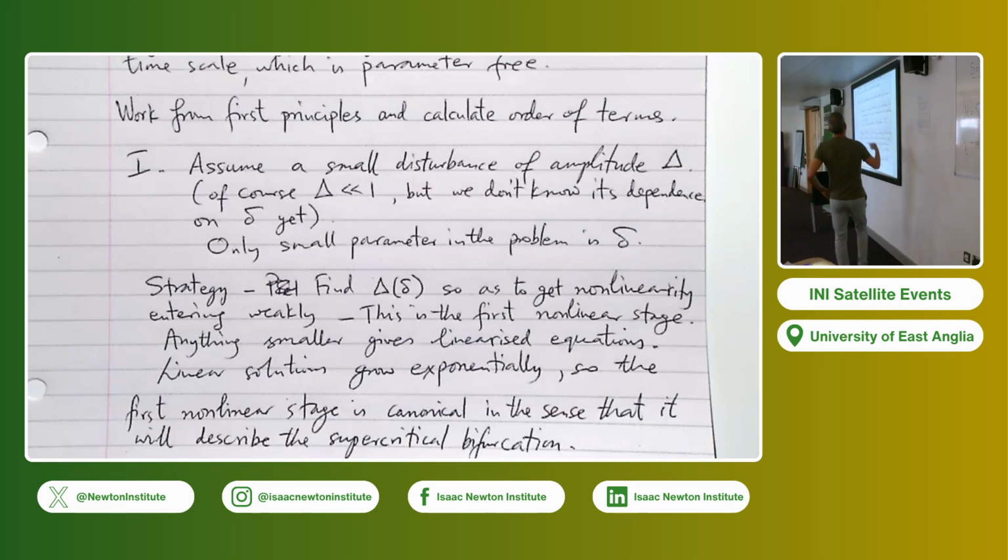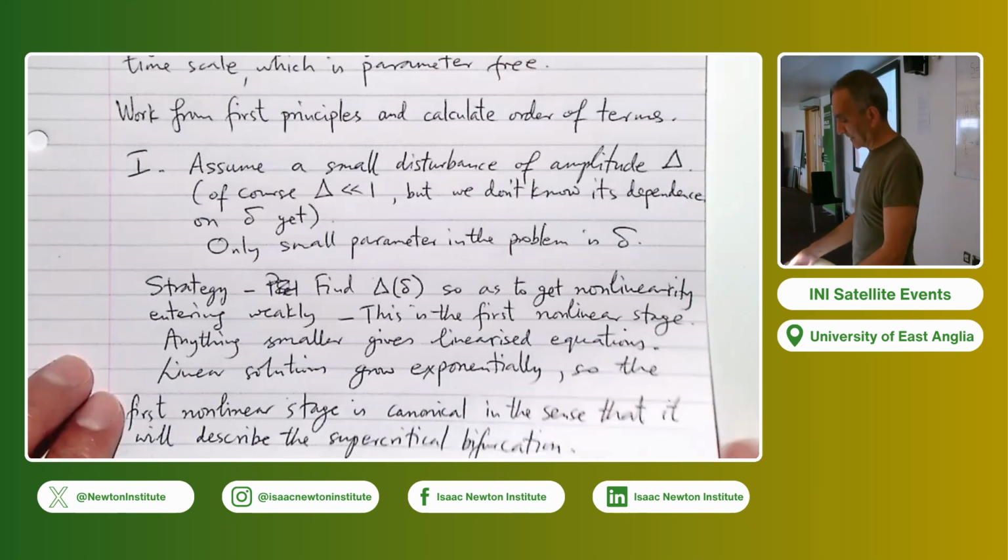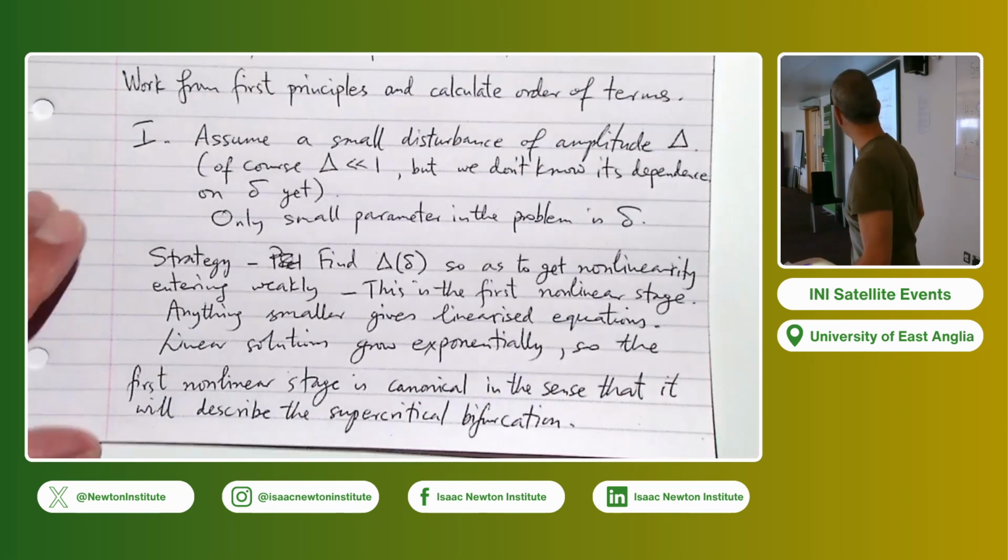Then I want to find this big delta as a function of little delta so that nonlinearity will enter weakly into the problem. And in getting there, I will have to do a Galilean transformation first and then pick up the nonlinearity, just like we did with the other equation.